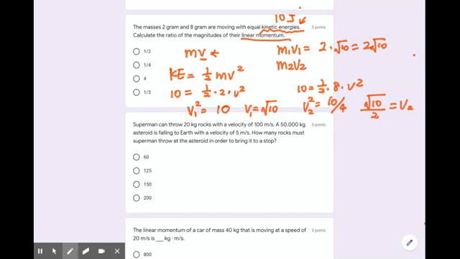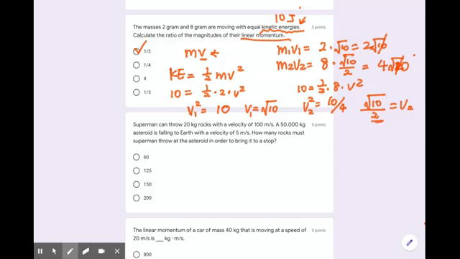For the second, m2 times v2 is 8 times root 10 over 2, which is 4 root 10. The ratio between these two is 1 to 2, because root 10 cancels. 2 to 4 is 1 to 2. So the answer is 1 to 2. Okay?